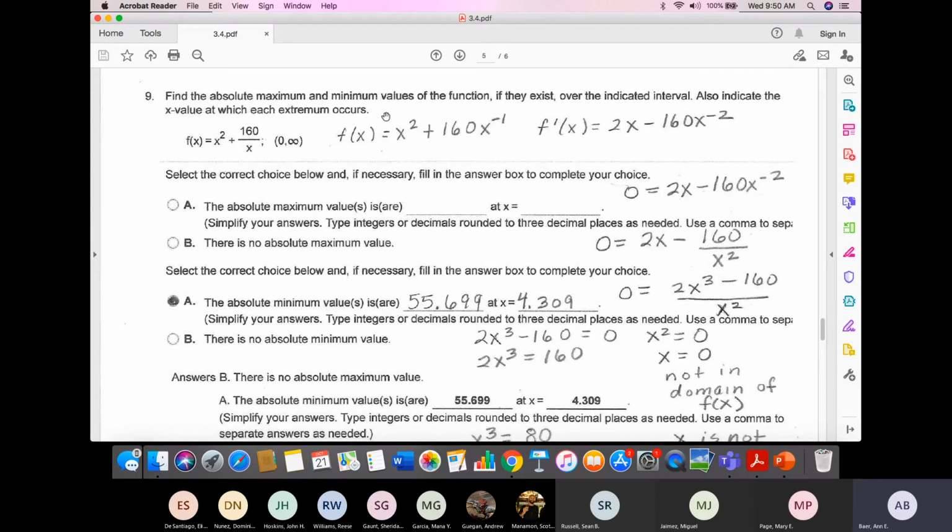Extrema collectively is referred to as absolute or relative extrema, which means relative maximum, relative minima, absolute maxima, and absolute minima are all included when they say extrema. Right here, it's not specified. Now up here it is specified, but down here it isn't.